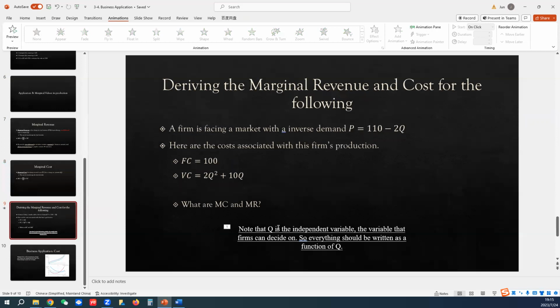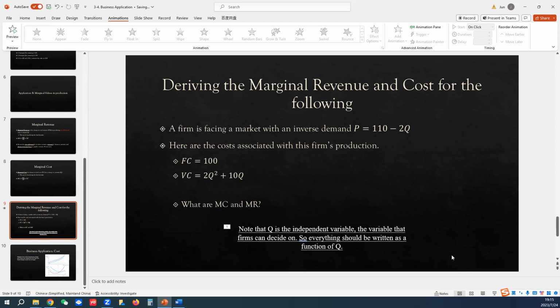You should note that Q is the independent variable because this is a variable that the firm can decide on, right? You cannot dictate the market to go with a certain price, and you can hardly influence the minds of the buyers to accept a certain price.